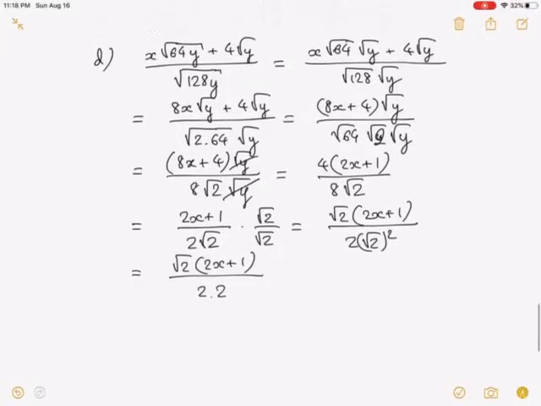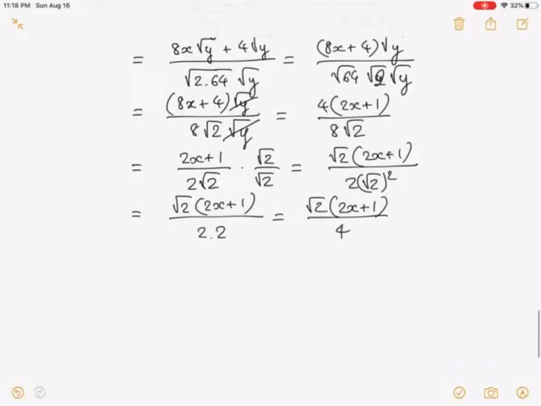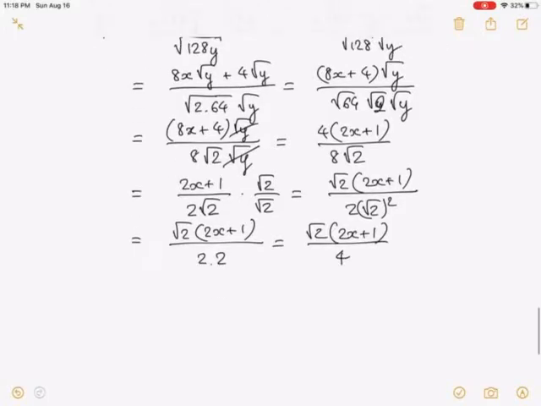Square root of 2 times 2x plus 1 divided by 2 times 2, divided by 4. Okay.